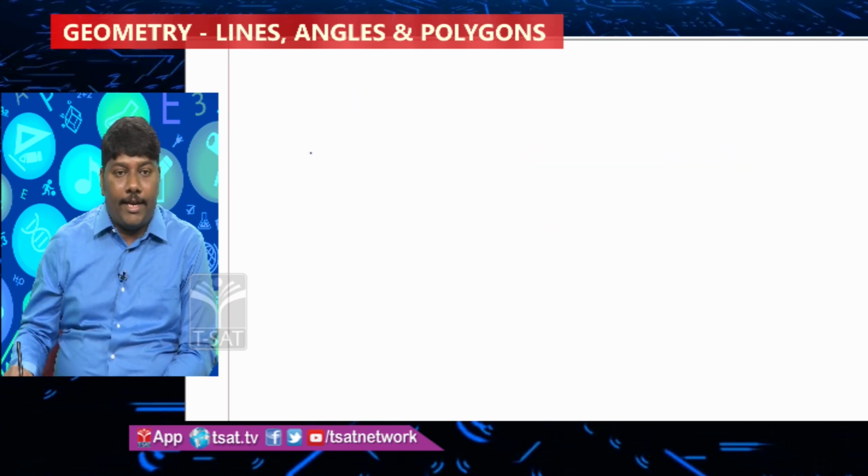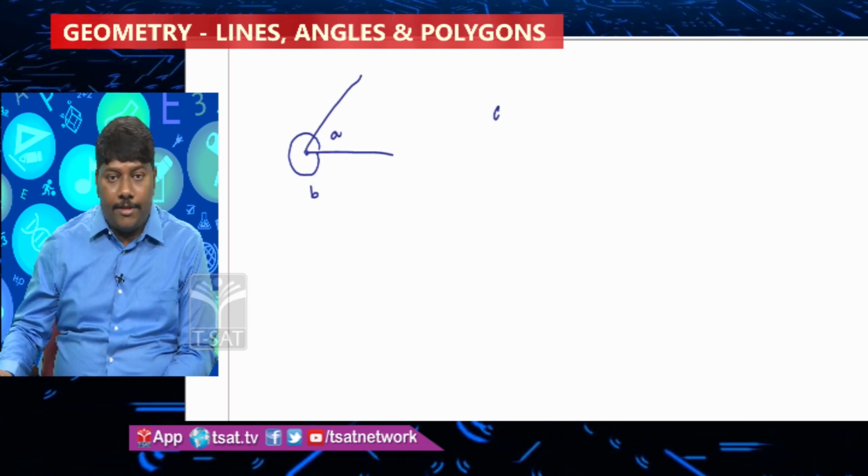If I take a complete angle, this is a complete angle which represents 360, intersected by a line. This angle is A, this angle is B. Now in this case A plus B is equal to 360.